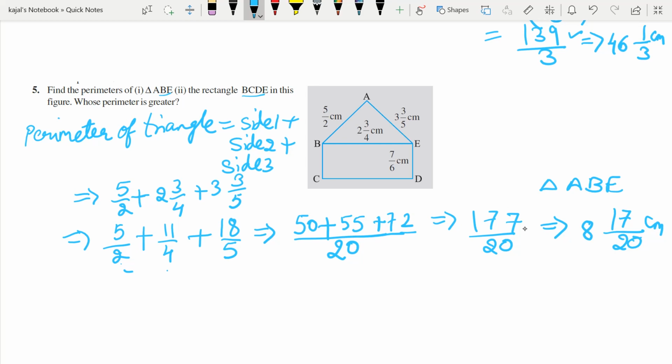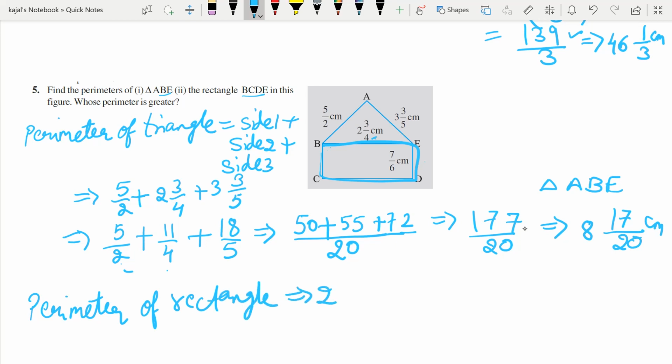Now we have to calculate the perimeter of this rectangle BCDE. 7 by 6 is given as one side, the second side is 2 3/4. We can find the perimeter of the rectangle in the same way as in the last question, which is 2 into (L plus B).